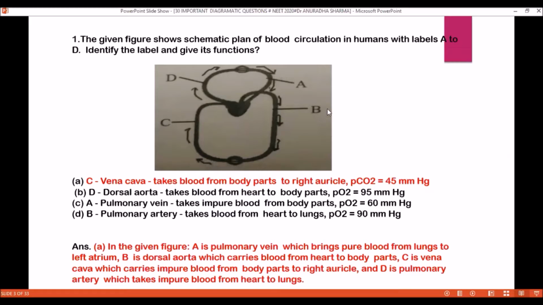B is dorsal aorta, which carries blood from heart to body parts. C is vena cava, which carries impure blood from body parts to the right auricle. And D is pulmonary artery, which takes impure blood from heart to lungs. So option A, that is C, vena cava, which takes blood from body parts to the right auricle, is correct.